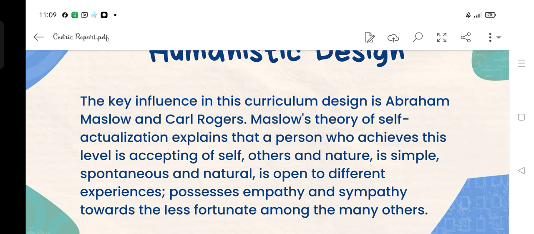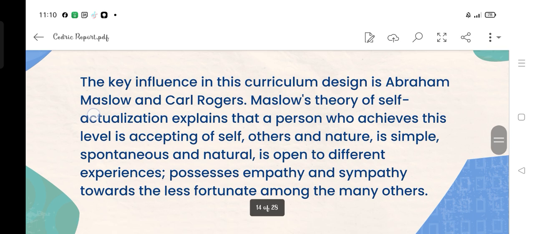The basic attitude guides behavior. Kung naiintindihan mo yung sarili mo, or sa'yo nag-uumpisa yun, mas mapapadali na itong humanistic design.